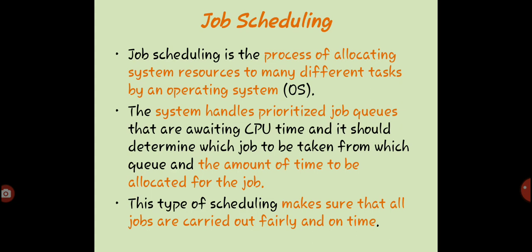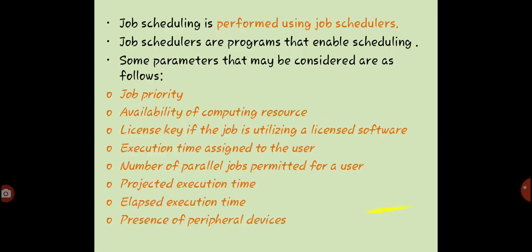Every job has to get the processor, and the amount of time that the processor is allocated to a process, and to which job it is allocated, everything is decided by the operating system. So job scheduling is handled by the operating system with the help of a particular program called the job scheduler. The scheduler only enables this scheduling.